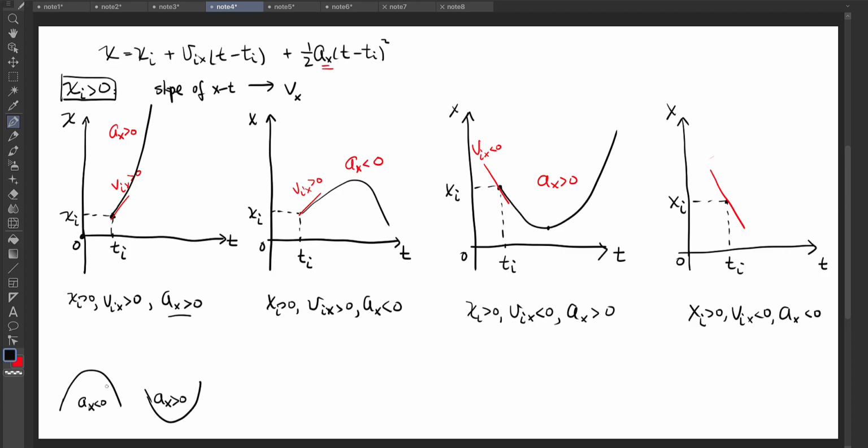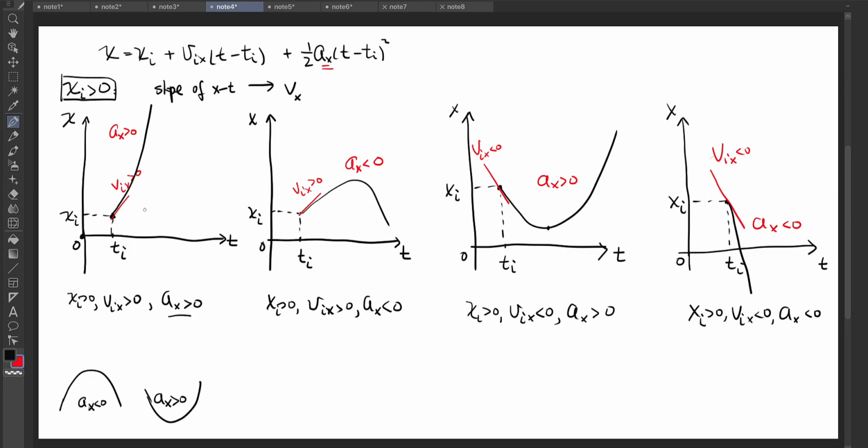And then the slope can only be on the right side, can only be here, right? So that's why I have to draw something like this going down. Yeah, sorry, I didn't have a good planning here. I should draw the point here. However, you got my meaning, right? So the meaning is that the curve needs to go down like this. Okay, so that's for Vix negative, ax negative. So the curve is going down, curving down.